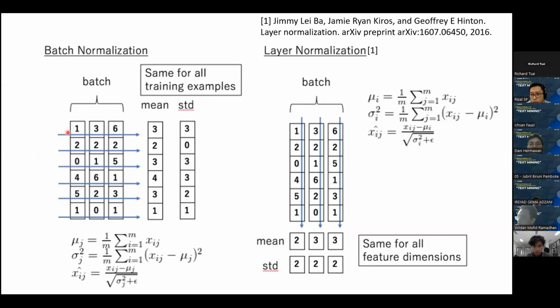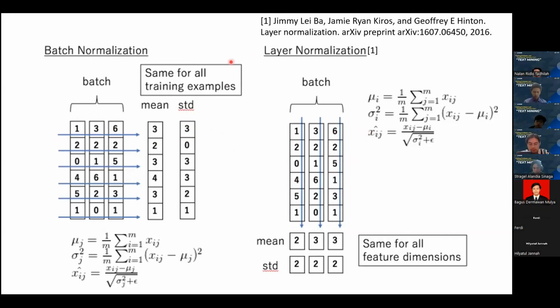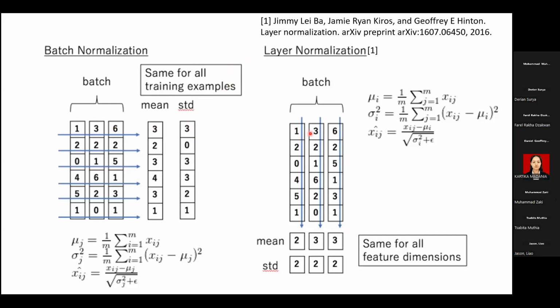In the first dimension, the mean is 3, and the standard deviation is 3. We then use this mean and the standard deviation to normalize the values within the first dimension, as shown on the right-hand side, for the first vector.